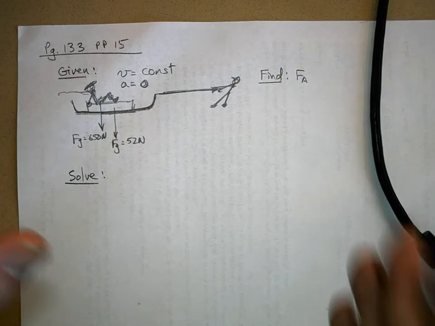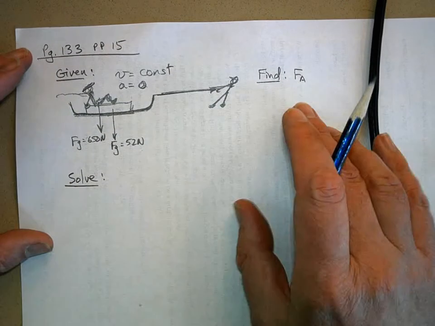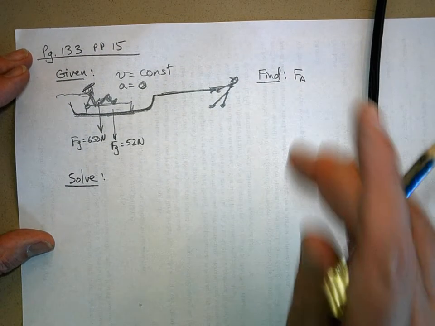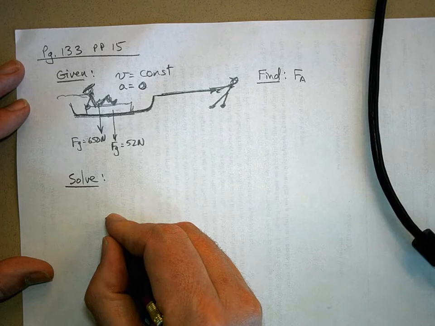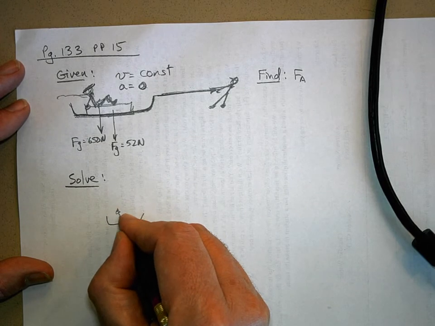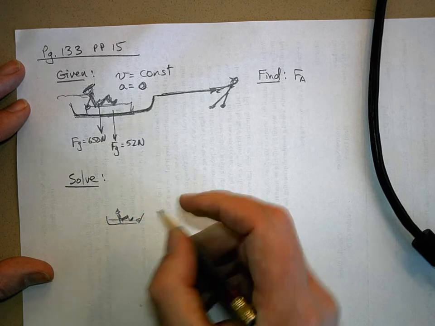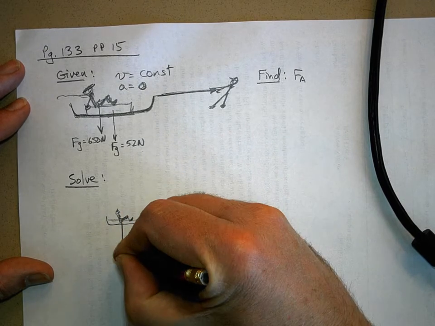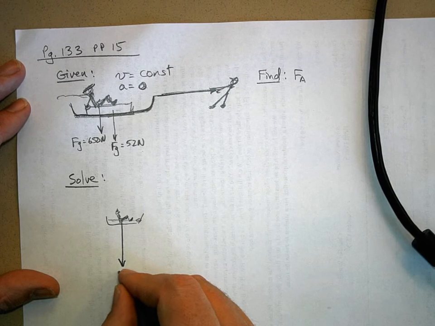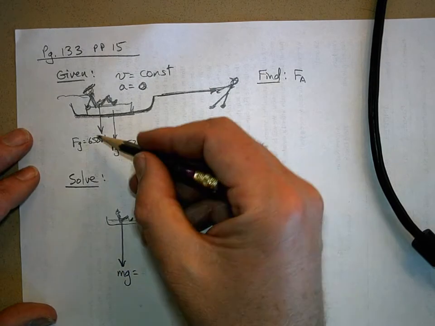Now, this was step 1 of the procedure. This is a problem involving force, so I'm going to draw the free body diagram. I'm just going to draw the sled and the person sitting in the sled as one thing. So we've got the force of gravity here. I'm going to call it M times G. You don't have to, but I'm just going to add these up.